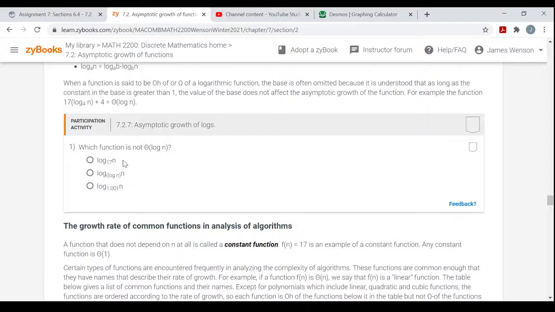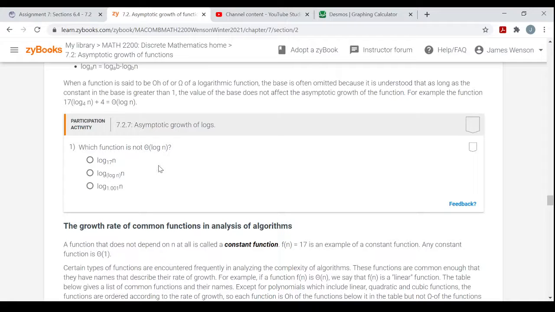So looking at this, which function is not theta the log of n? This is log base 10. So which of these functions don't have the same growth rate as the log of n? Well, this is log base 17. Again, logs with constant bases have the same growth rate. This is log base 1.001. It's just a number base. They have the same growth rate.